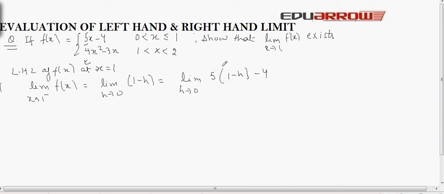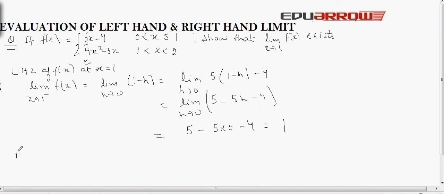Replacing x by 1 minus h in the function, we will get this. After opening the bracket, this will be 5 minus 5h minus 4. And after applying this limit, we will get 5 minus 5 into 0 minus 4, which will be equal to 1. That is, 5 minus 4 is 1.